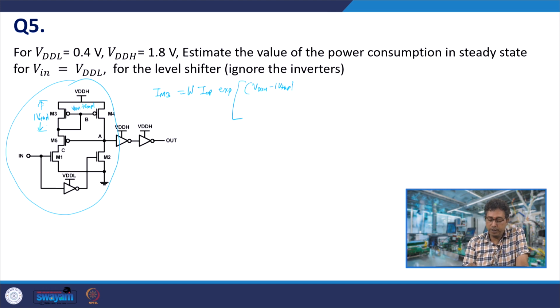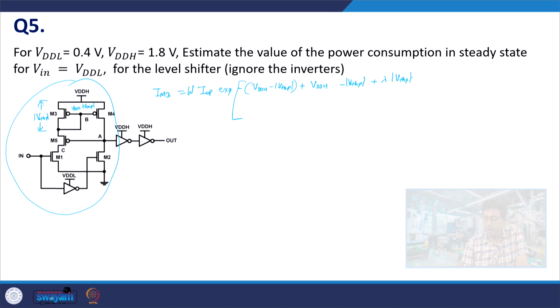This is the value of Vg minus source voltage, minus VTHP plus lambda into VDS, which is again the magnitude of VDS, which is again VTHP, and body voltage, which we are assuming 0 here, divided by NVT.